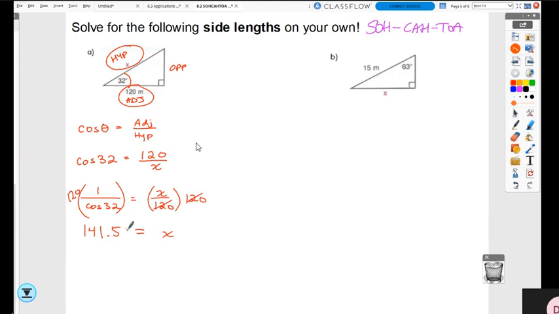Folks, another great point was brought up here. When you're typing this into your calculator, a lot of people might go 120 bracket 1 divided by, and then when you hit cos, it's ready for you.